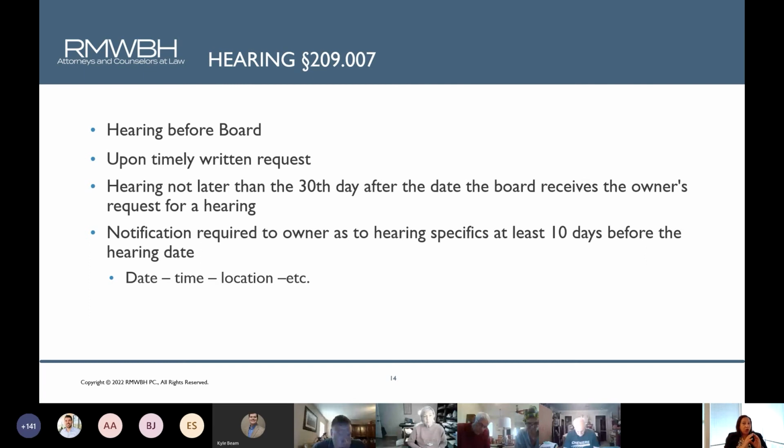This is in the small carve out instance when the association intends to cut off common area usage for non-payment of delinquent assessments. I think most associations, well, I don't know the answer actually. There are several associations that don't bother with this because then you have to go down the process of giving a homeowner the right to request a hearing.